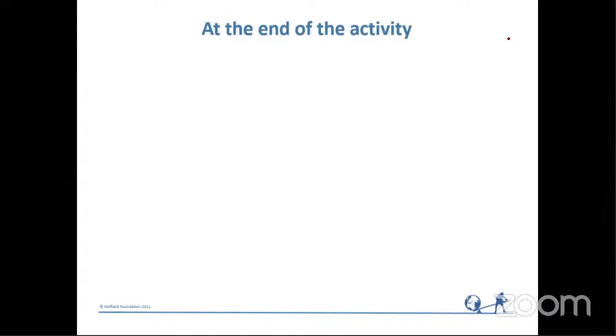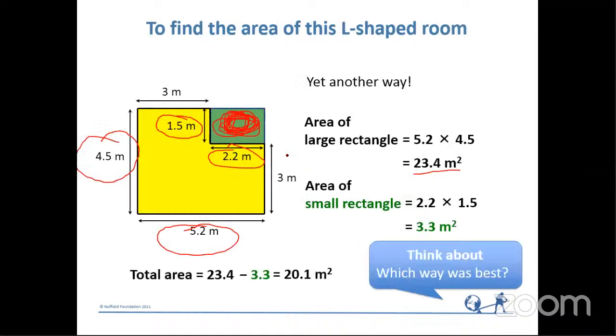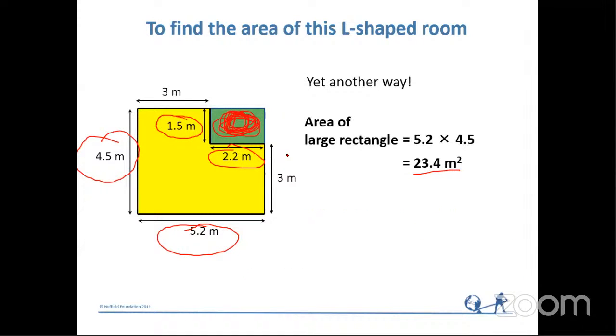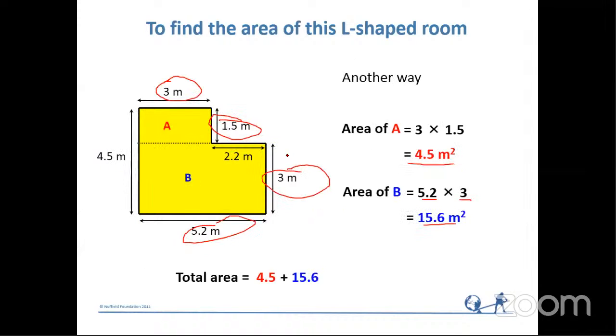How did you find the area of B? Area of B. Okay. Let me first go back. This B here.